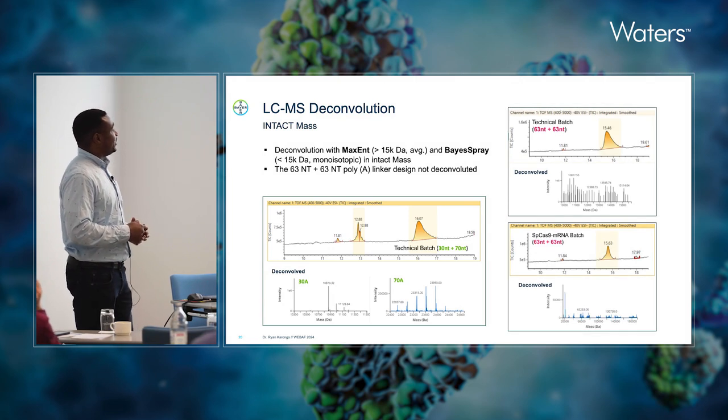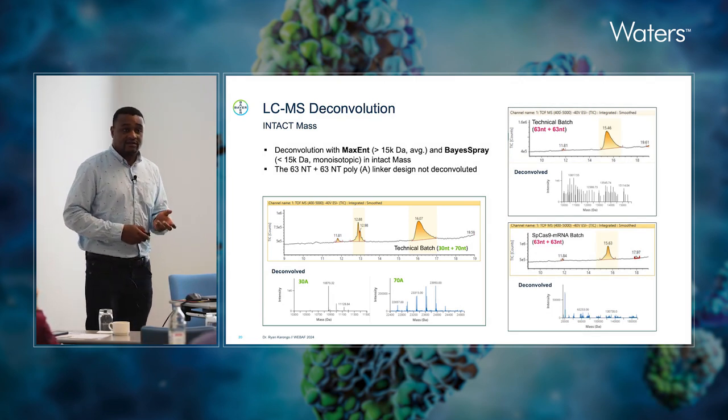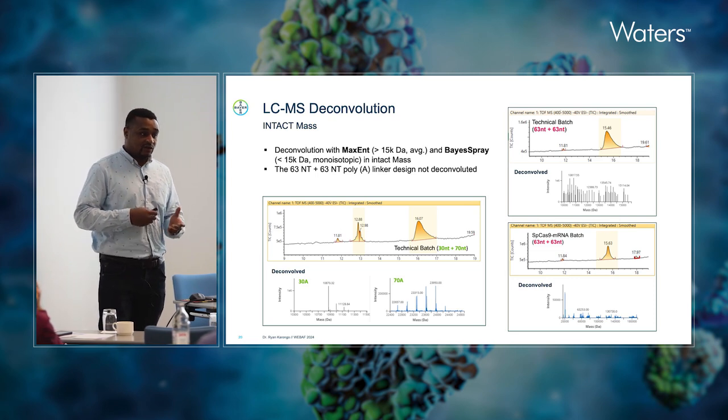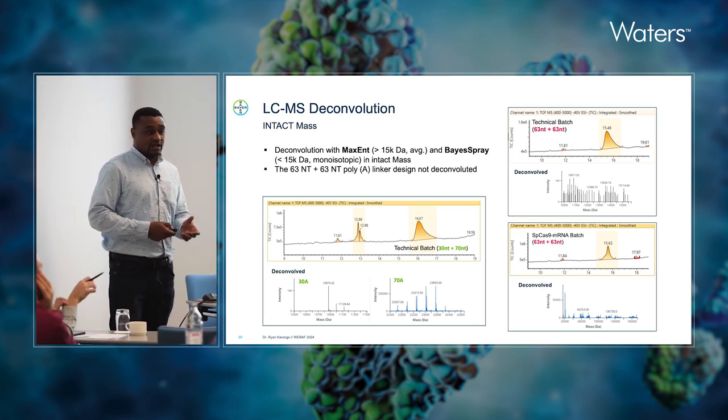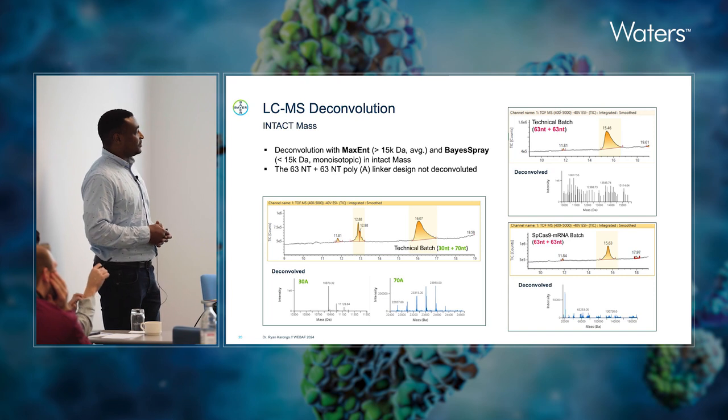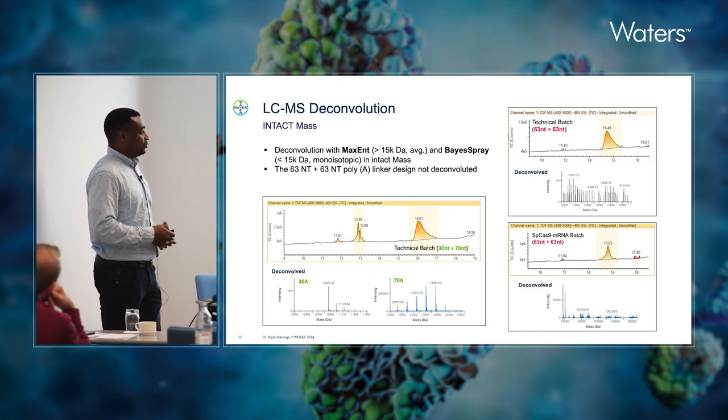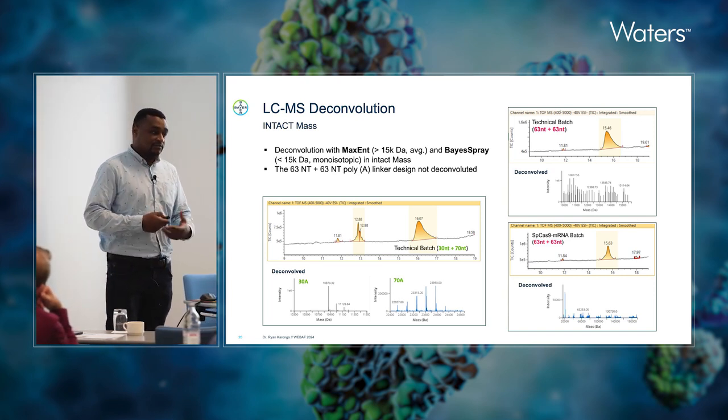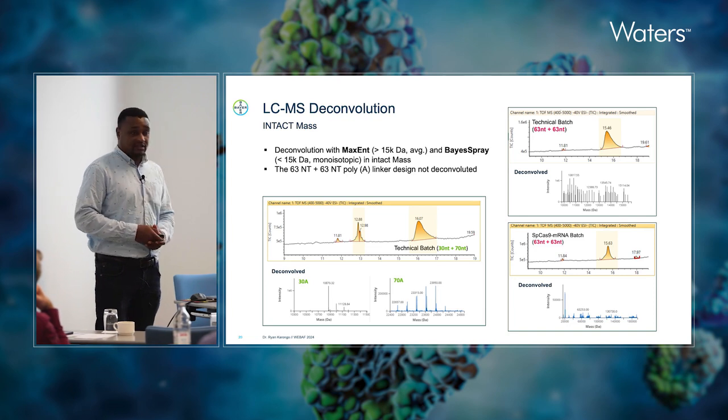But when we have a linker design where the poly-A lengths are similar, then we have a coelution. We see a coelution, and that makes the deconvolution process more difficult, or in this case, unsuccessful.